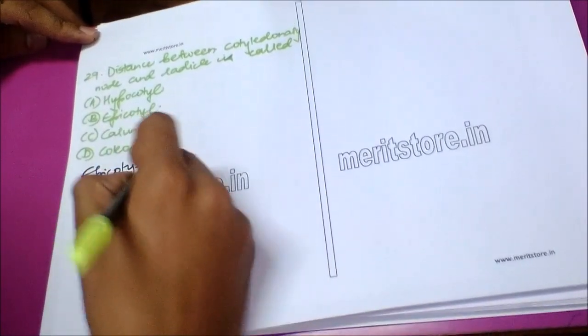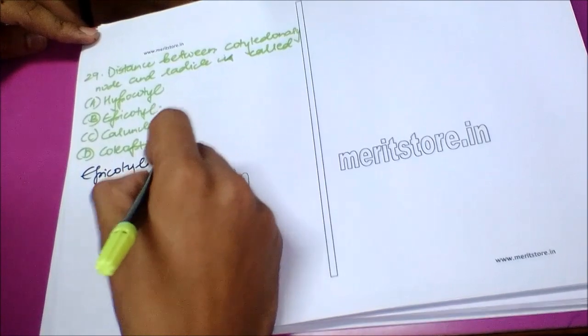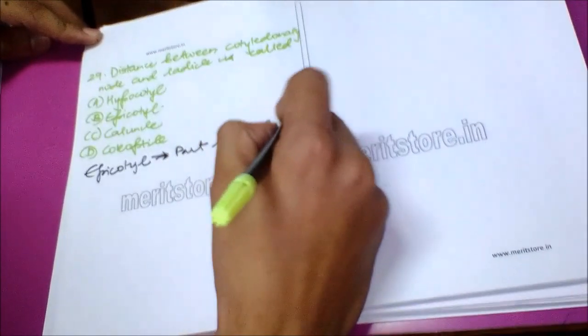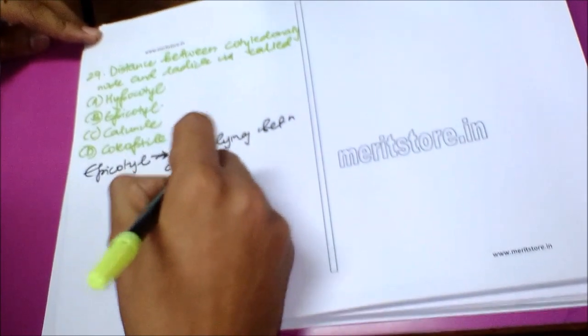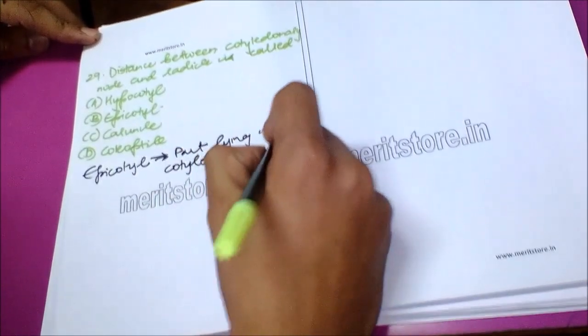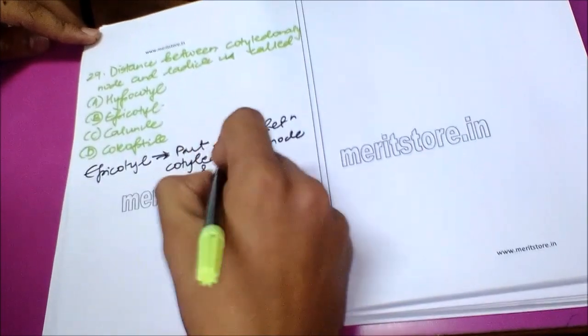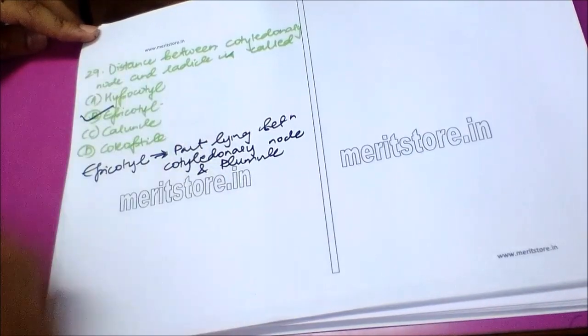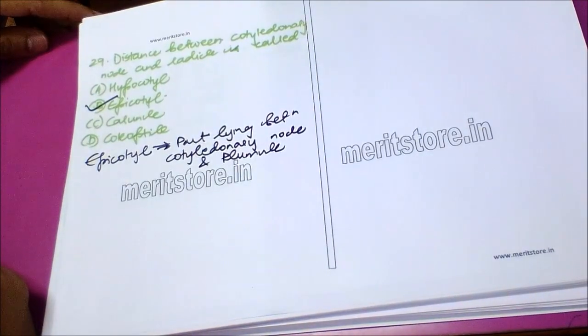The epicotyl is a part lying between the cotyledonary node and the plumule. So the answer to this question is option B, which is epicotyl.